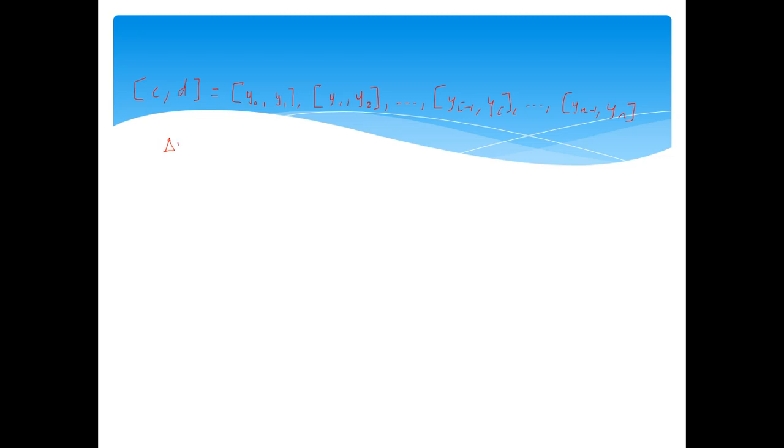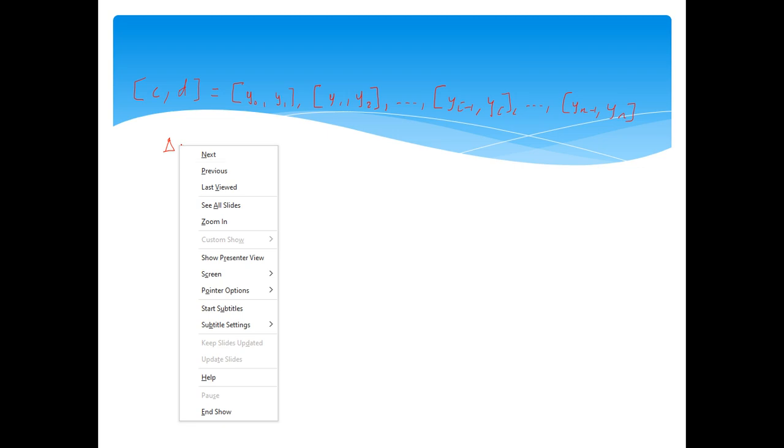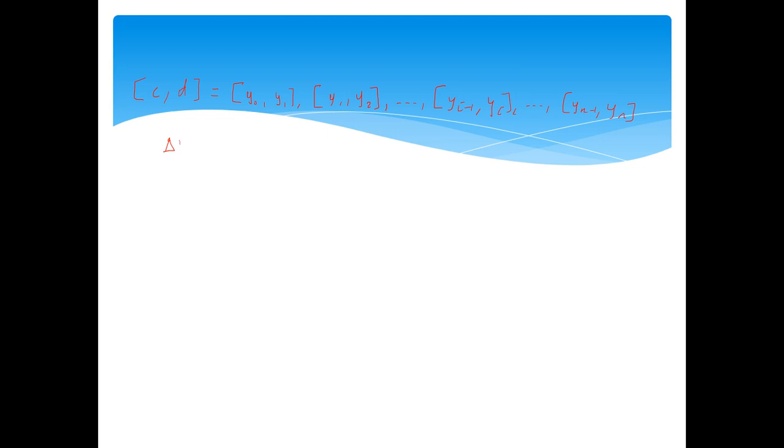The thickness is defined as delta y equals d minus c over n, for i equals 1, 2, all the way to n. That's the thickness right there.